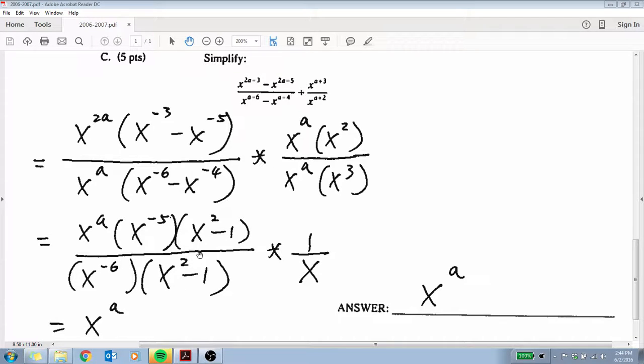The x squared minus 1s will cancel, and then x to the negative fifth over x to the negative 6 will cancel, and I'm left with an x on the top, which would then cancel with the x down here. So what I'm left with is just x to the a, but don't forget we pulled out that negative. So it's going to be negative x to the a power. Your final answer should be negative x to the a.